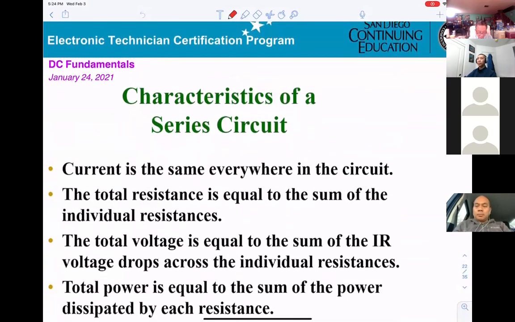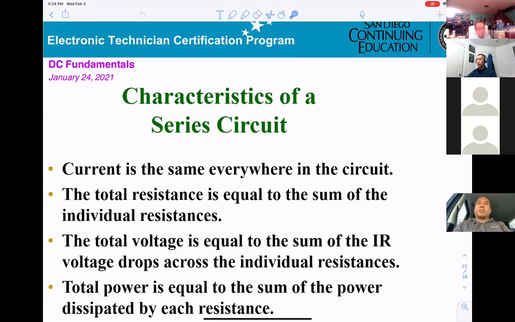Today we start with what we call series circuitry. You get two different types of circuit in DC, series and parallel circuit, okay? And today we're talking about series first. The current is the same everywhere in the circuit. The total resistance equals the sum of the individual resistances.